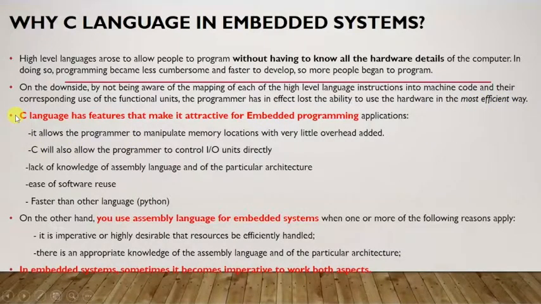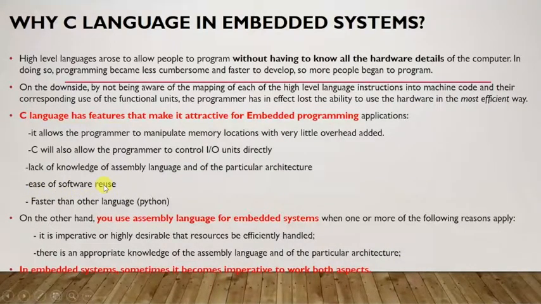So why do we use the C language? It allows the programmer to manipulate memory locations with very little overhead added. It can manipulate the memory, which is very good for embedded programming. Also, C allows the programmer to control input-output units directly. It has ease of software reuse.